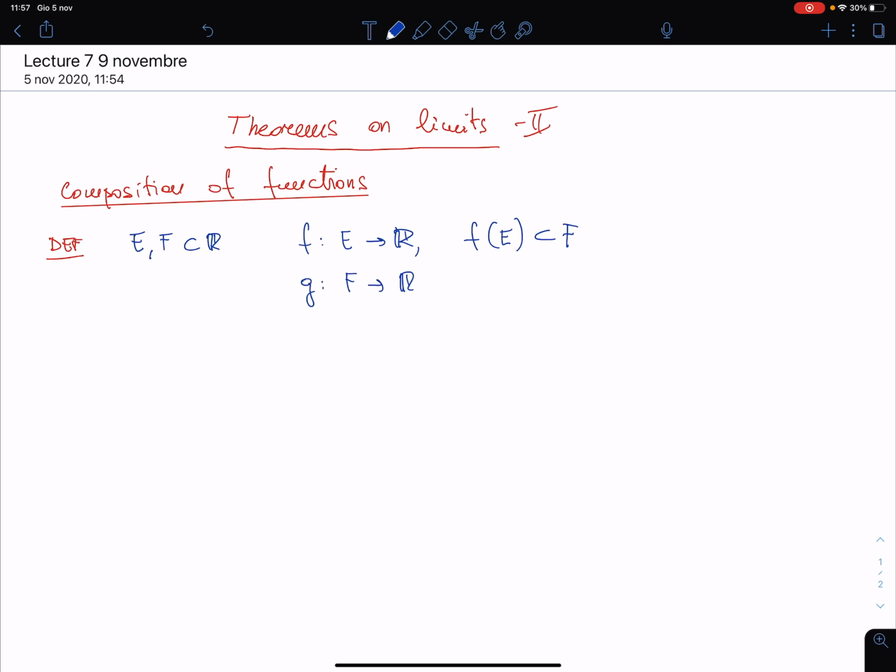The picture we could bear in mind is the following. There is a set E here, another set F here, and here there is a set of reals.